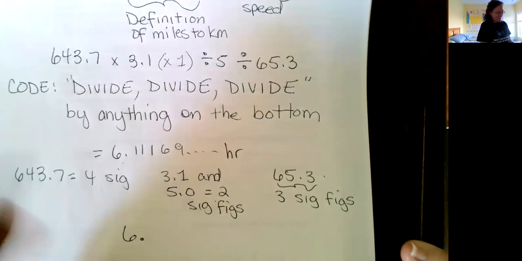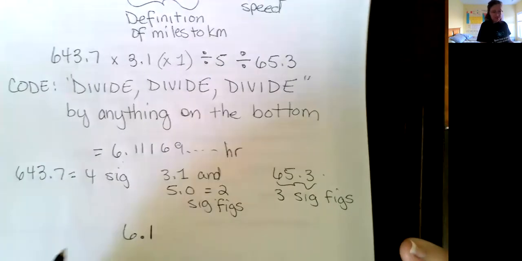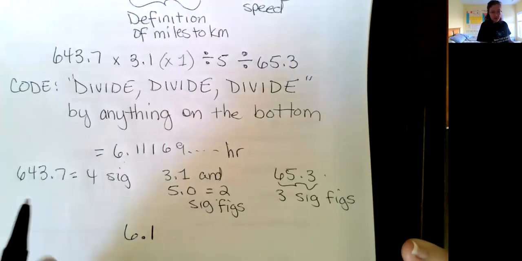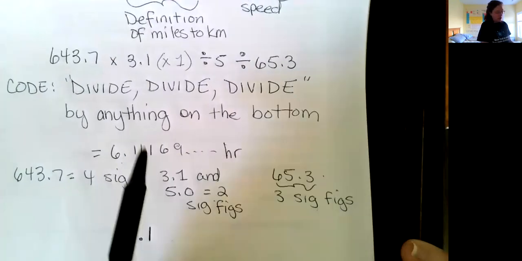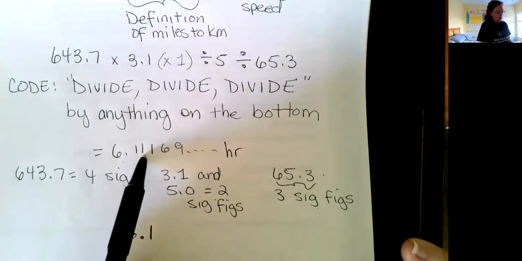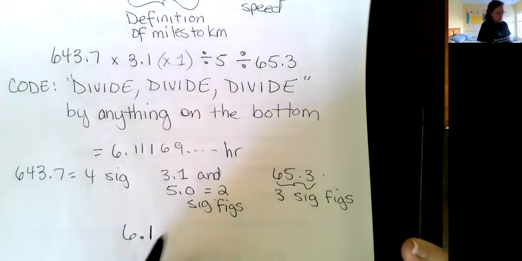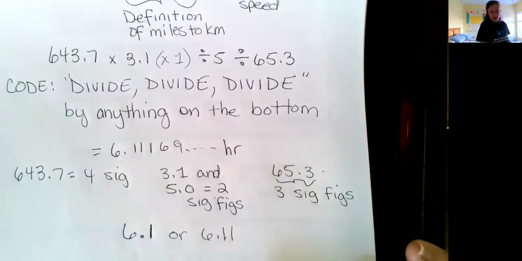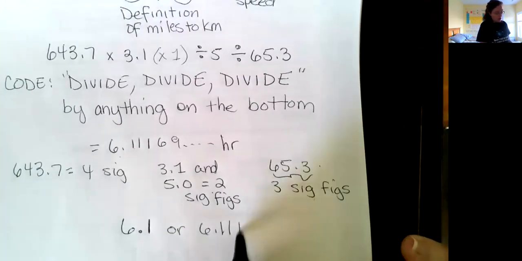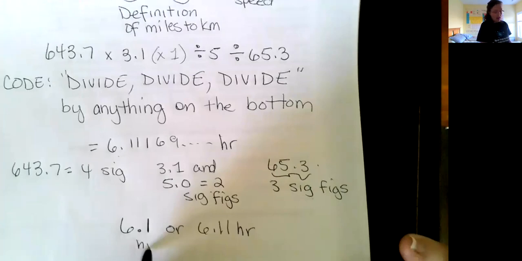That's less than 5, so this will stay 1. If you decide you want to do 3 significant figures, which I'm okay with, then this one would also stay a 1. I'm flexible with this. And in each case, it's going to be hours at the end.